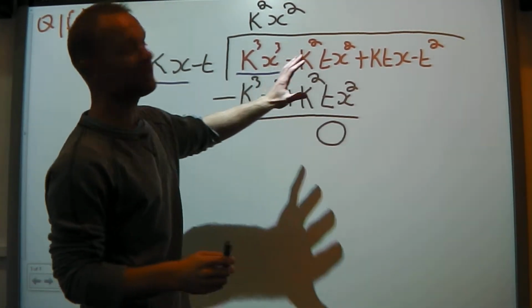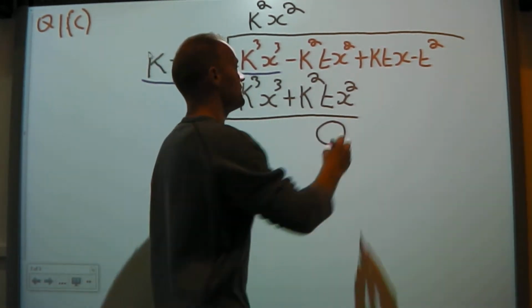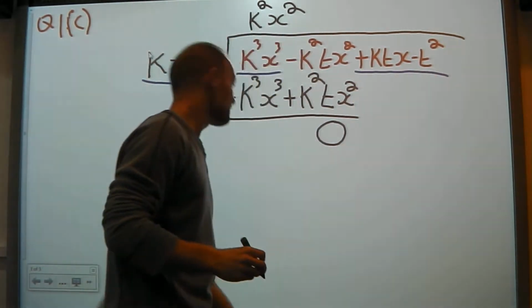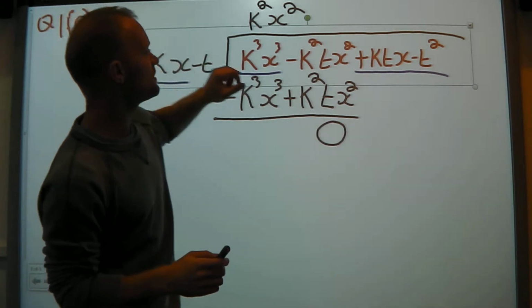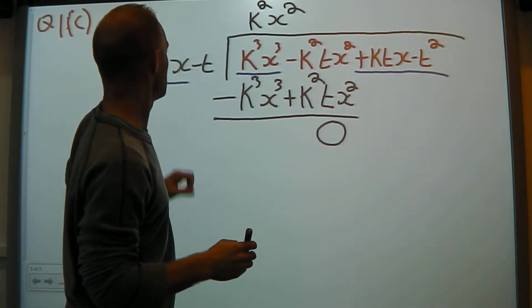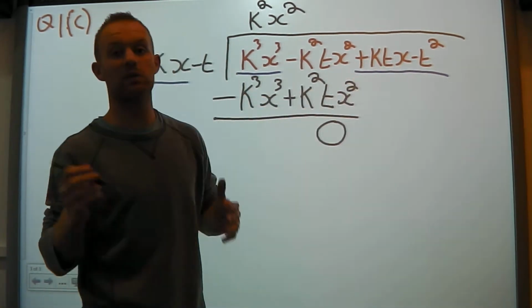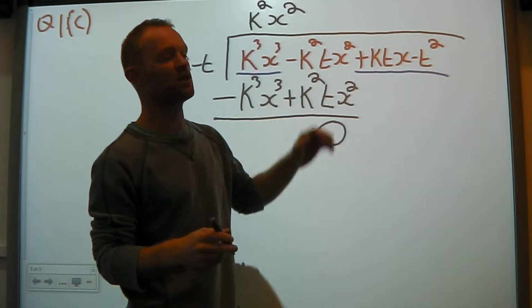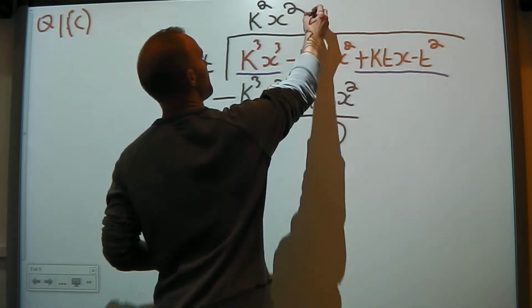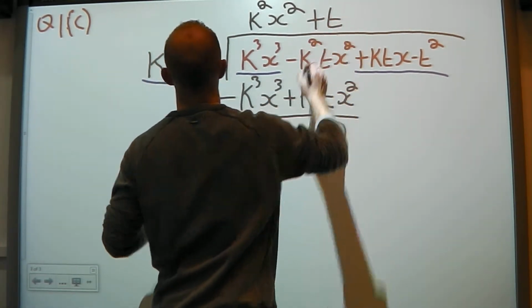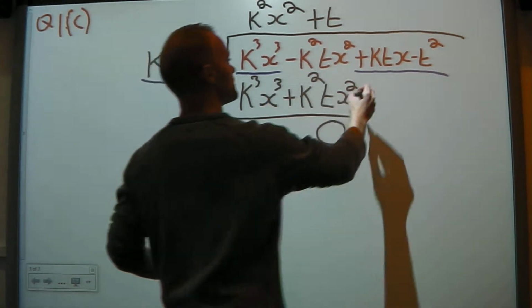And now we have to look at our next term here. Now, kx into ktx, we have to multiply that term by t, just to get that term on the right hand side. So that's plus t, and multiply t by this term here, so it's plus ktx.